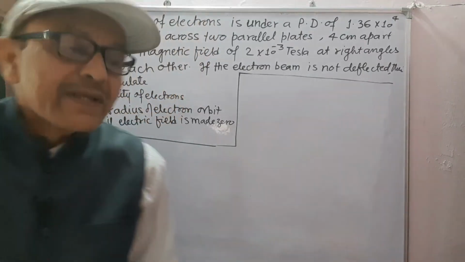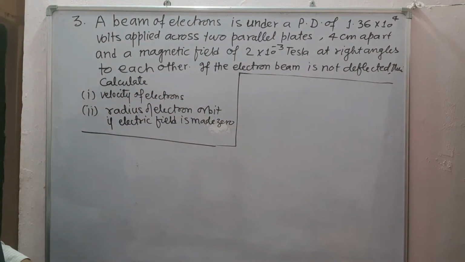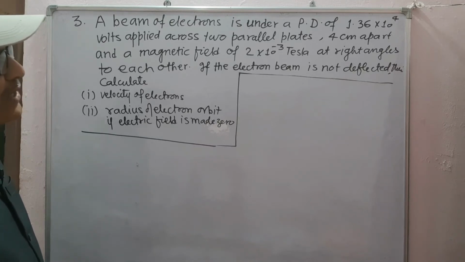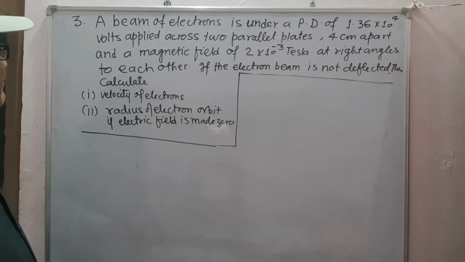Next numerical is, a beam of electrons is under a potential difference of 1.36 into 10 to the power 4 volts applied across two parallel plates which are 4 cm apart, and a magnetic field of 2 into 10 to minus 3 Tesla at right angles to each other.